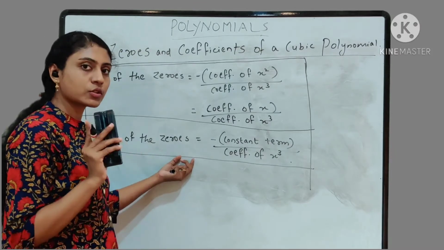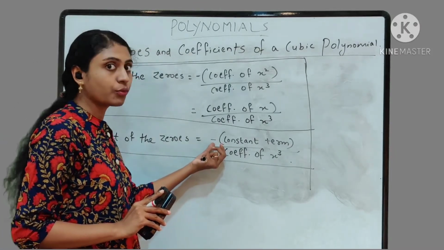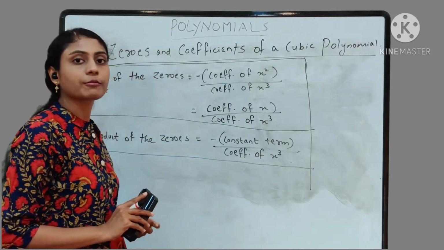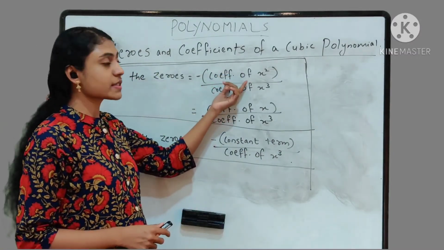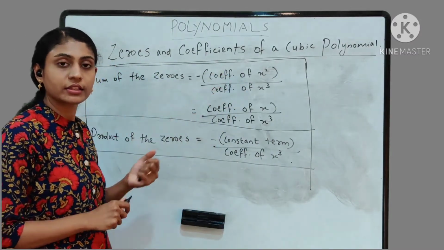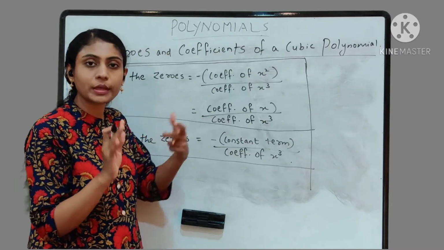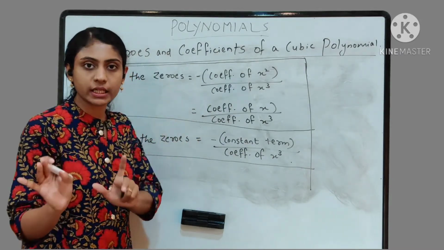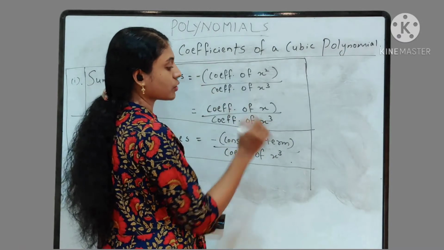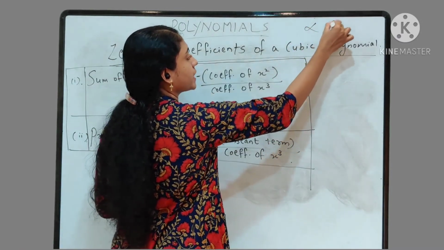Now product of the zeros, only one formula, that is negative of constant term divided by coefficient of x cube. How we got this formula? By adding the three values. Suppose for a cubic polynomial the zeros are alpha, beta and gamma. We are just assuming that the zeros of a cubic polynomial are alpha, beta and gamma.